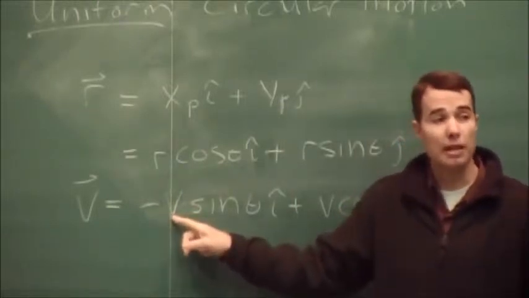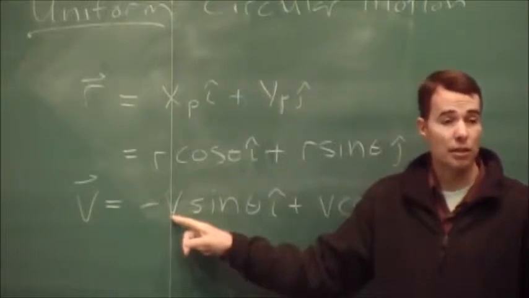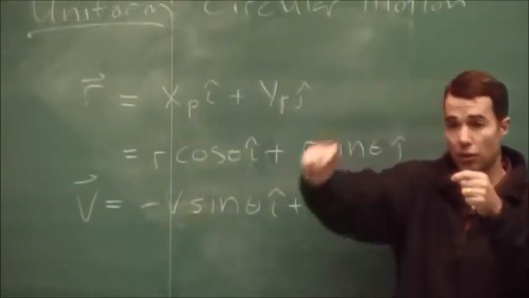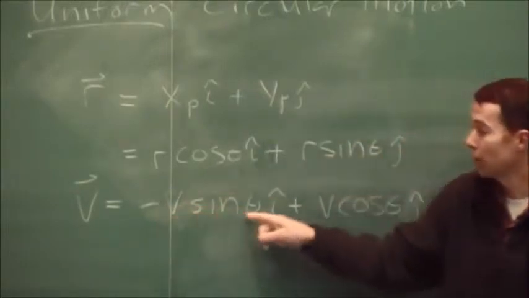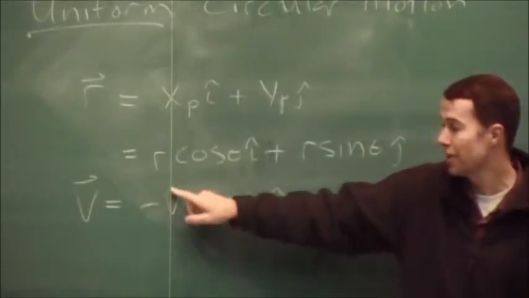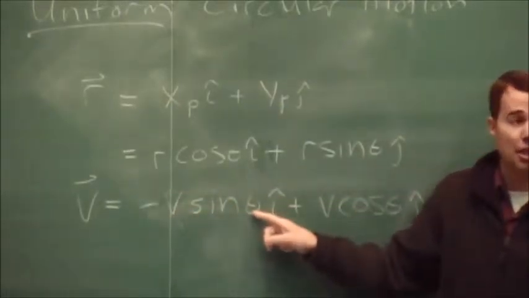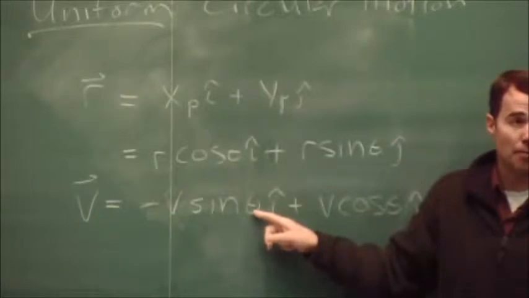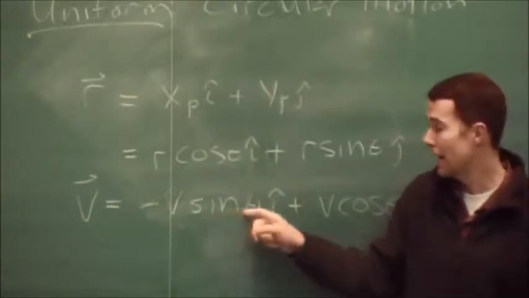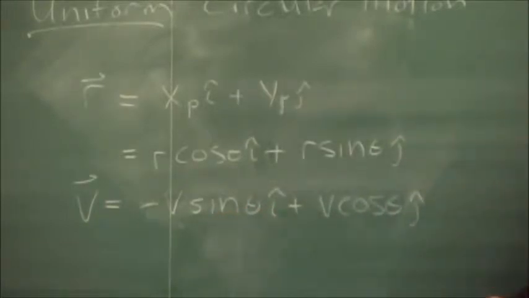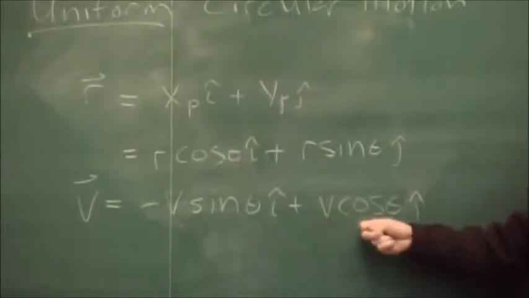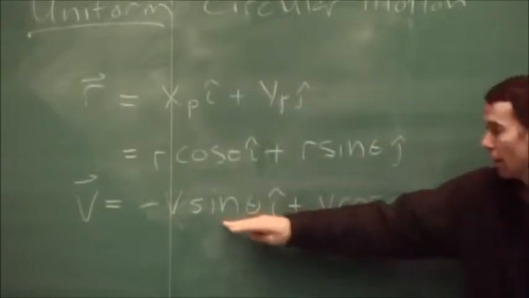The magnitude of v is constant, right? It's undergoing circular motion. The reason we broke it up like this is so this is not changing, but the angle is changing as a function of time. And this is constant, and the angle is changing as a constant function of time.